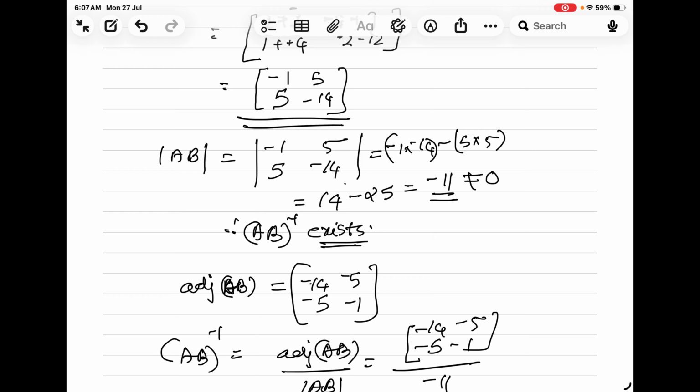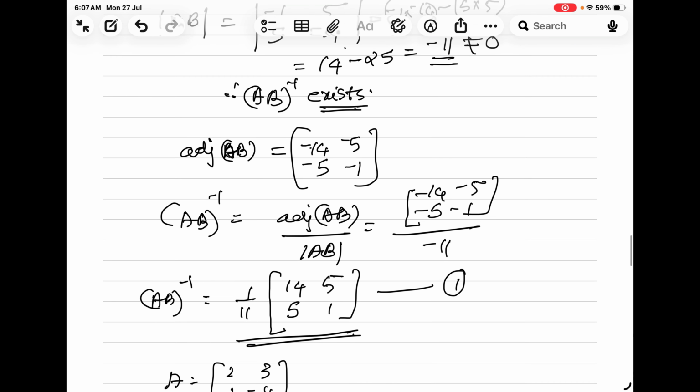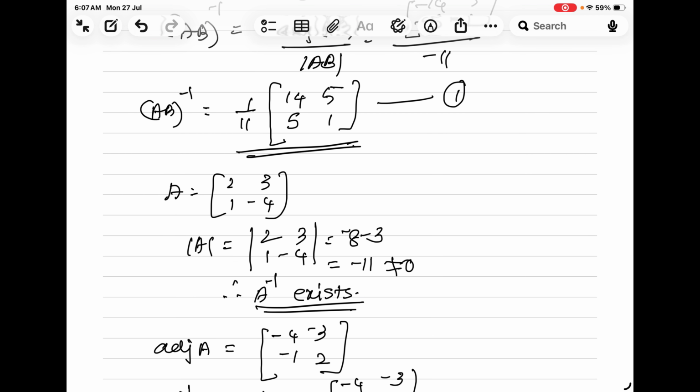Interchange the elements negative 1 and negative 14 and change the sign of 5 and 5. And AB whole inverse equals, you can take 1 by 11 outside and divide the elements of the matrix by negative. So we get 1 by 11 into matrix 14, 5, 5, 1. That is equation number 1.